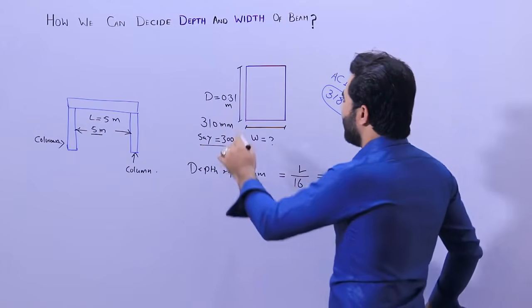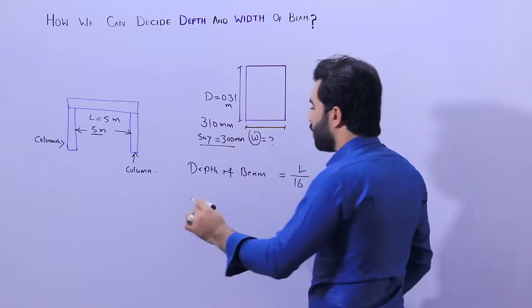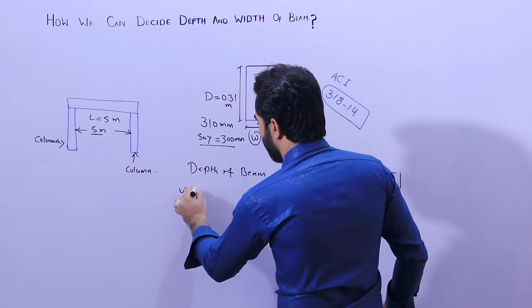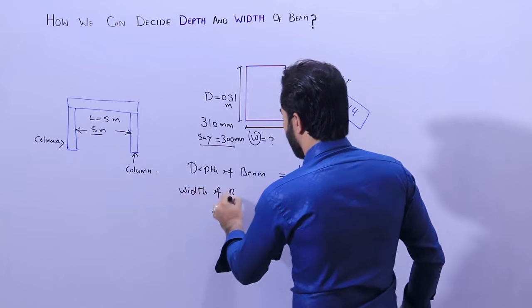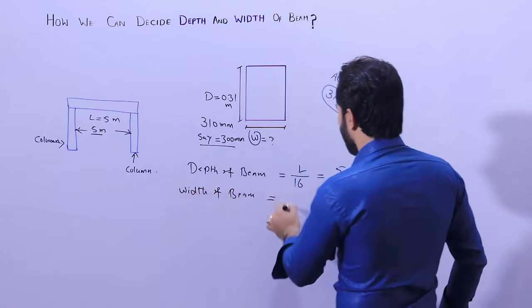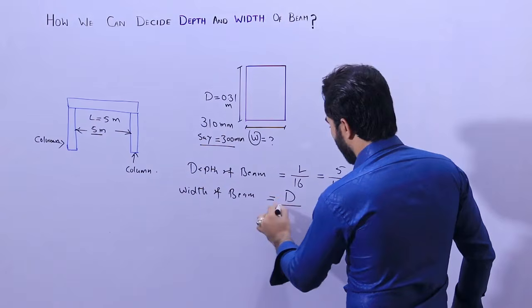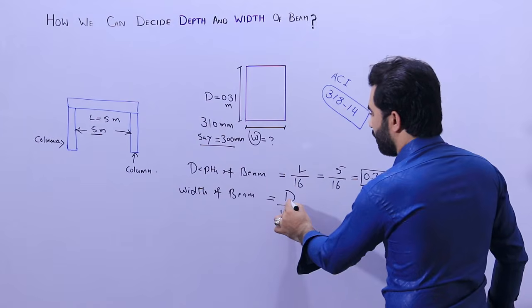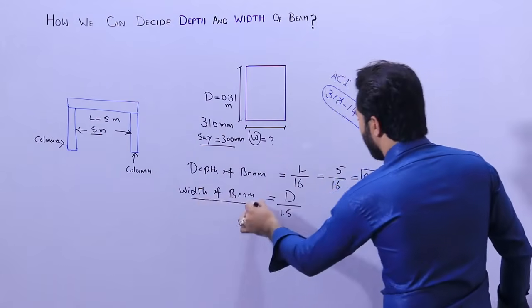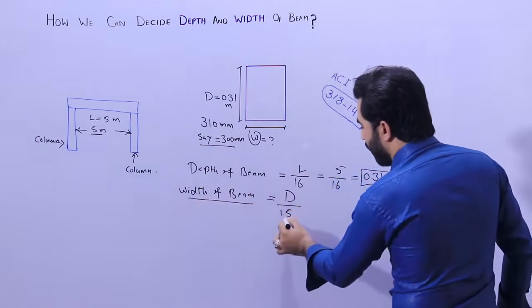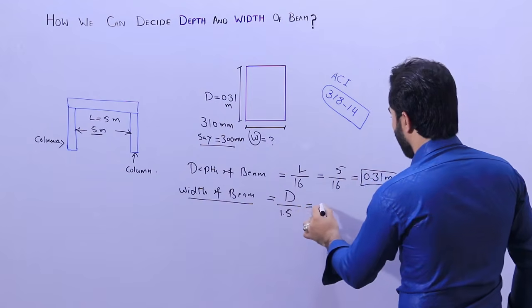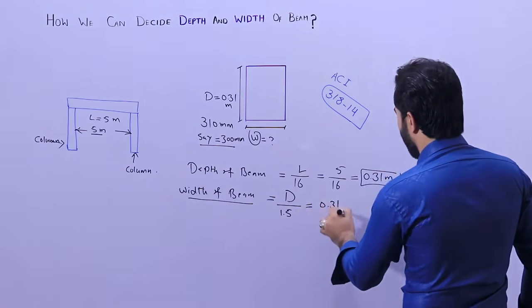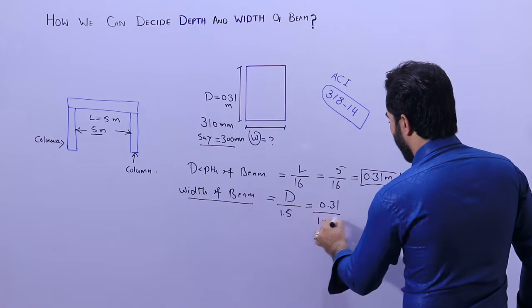The next one is width. How can you find the width? Here, guys, let me write the width of the beam. Here, depth D divided by 1.5, where D is the depth of the beam. So you can find the width of the beam from the depth of the beam divided by 1.5. Let me put the value here: 0.31 meter divided by 1.5.